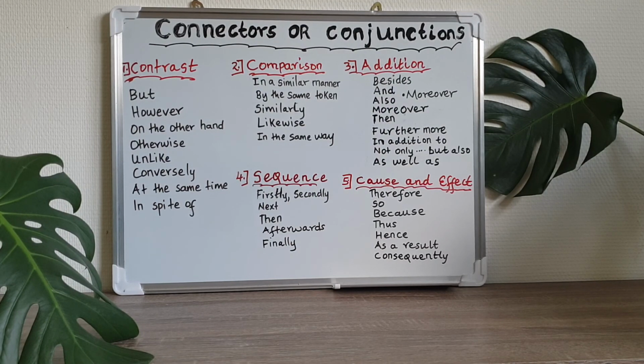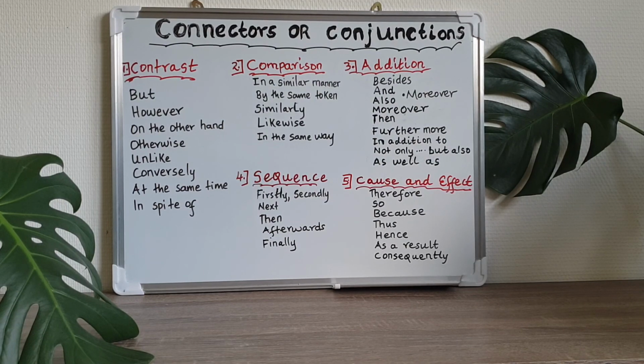Okay, so we are now coming to the end of the lesson. We have looked at connectors or conjunctions. I explained that connectors or conjunctions are linking words. They link two ideas together, and we also saw that there are 5 categories of connectors.